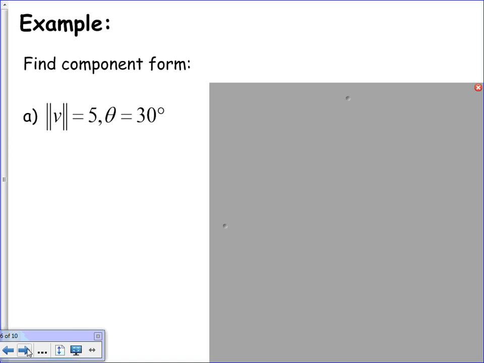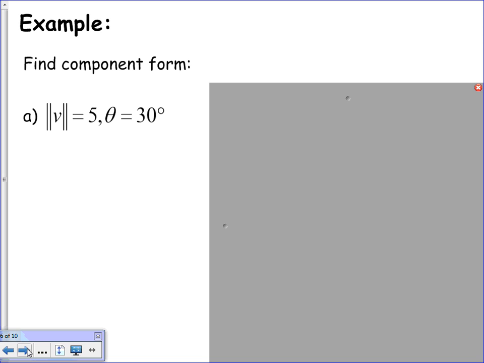My first example: if I tell you the magnitude of v is 5, and I give you a direction angle of 30 degrees, can you write the component form?